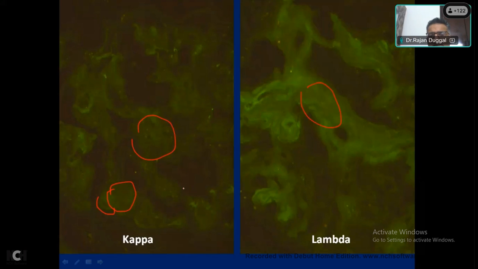There is very minimal staining with kappa, and there could be trace to 1+ staining with lambda. But for a restriction, there has to be very bright staining for one light chain, and the other light chain should be completely negative. So we did kappa lambda to rule out the possibility of primary amyloidosis. There is no definite light chain restriction, so it is definitely not a primary amyloid deposition.